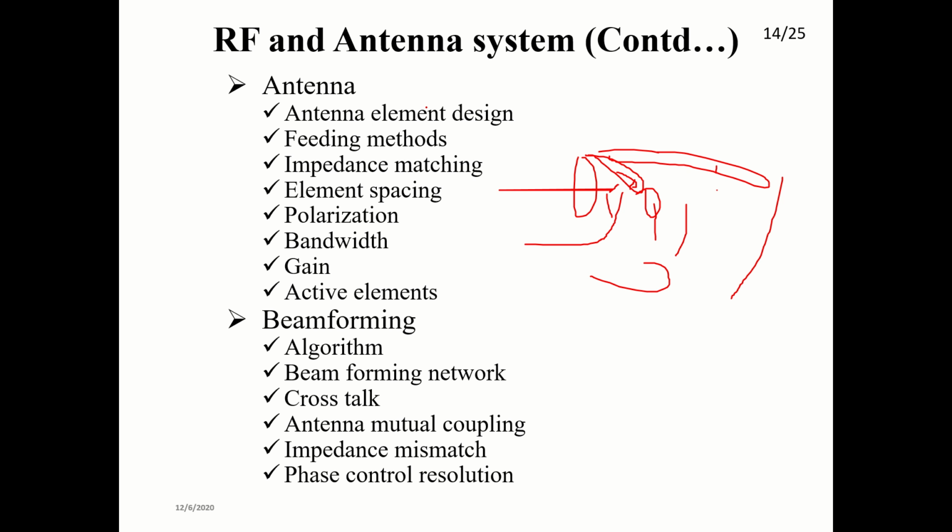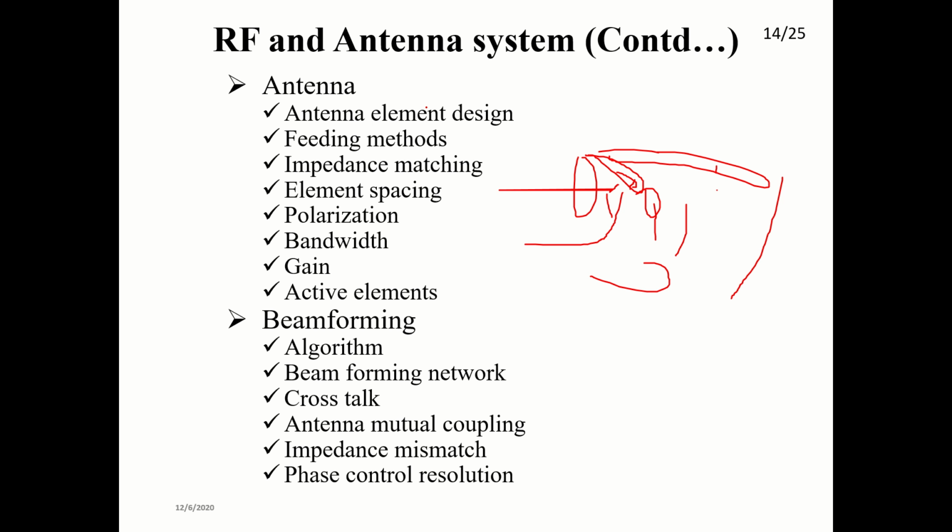For example, both vertical and horizontal should have the same gain and same kind of beam width. It may be different from scenario to scenario. For example, some scenarios will come like this: in azimuth sweep you will need a very narrow beam width, and in elevation sweep you need a higher, broad beam width. That scenario also may come up.